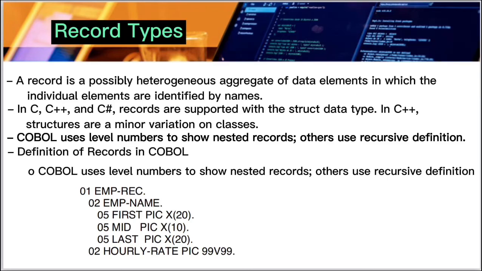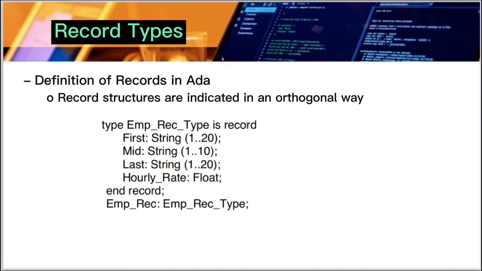COBOL, which means Common Business-Oriented Language, uses level numbers to show nested records. Others use recursive definition. Definition of a record in Ada.